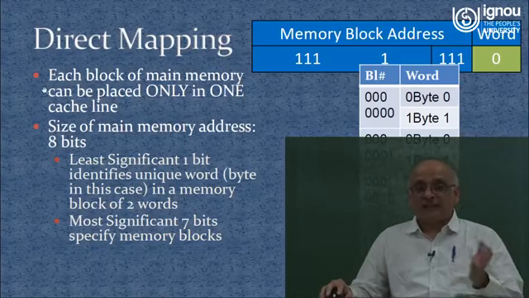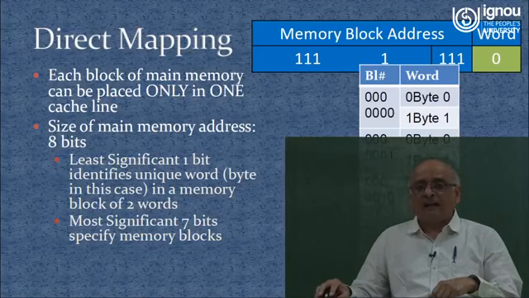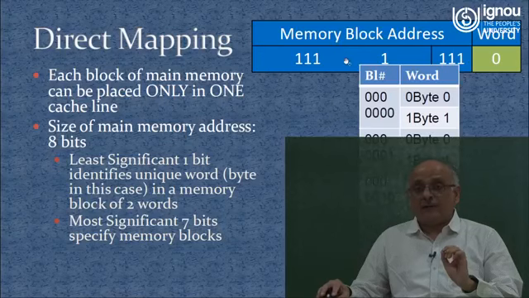So let's translate that particular example into direct mapping. Direct mapping is technically very simple. The only thing we need to learn is how the addresses are going to be mapped. Each block of main memory can be placed only in one cache line. This is a block of main memory, byte 0 as well as byte 1. The overall address is 8 bits, and this green bit represents which byte.